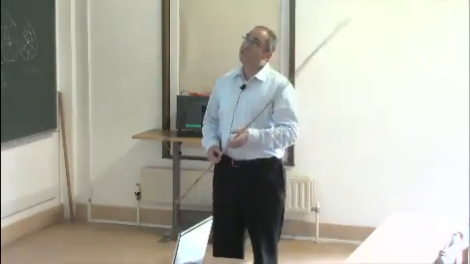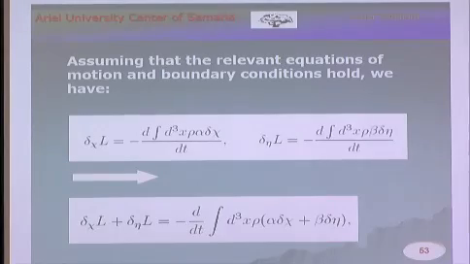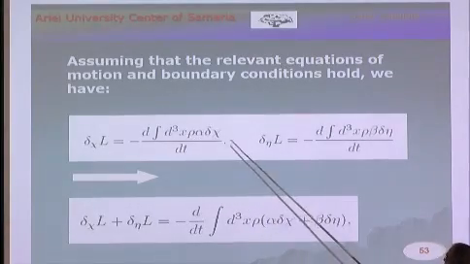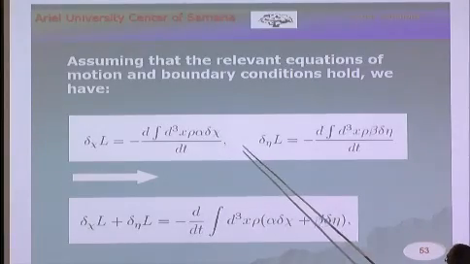Now, if you assume that the equations of motion hold and the boundary conditions hold, and you take this variation with respect to chi and eta, you have the following: a variational derivative of the Lagrangian, which is, of course, a total time derivative of this quantity.